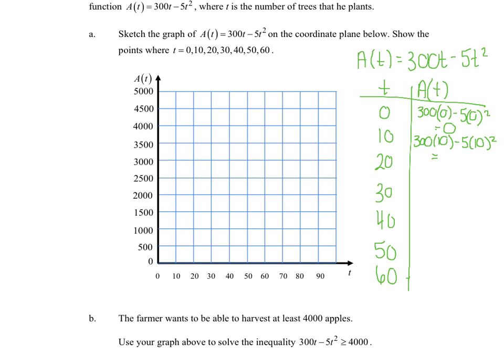And I'm just using my calculator, and that's going to be 2,500. 300 times 20 minus 5 times 20 squared, and that's going to be 4,000.